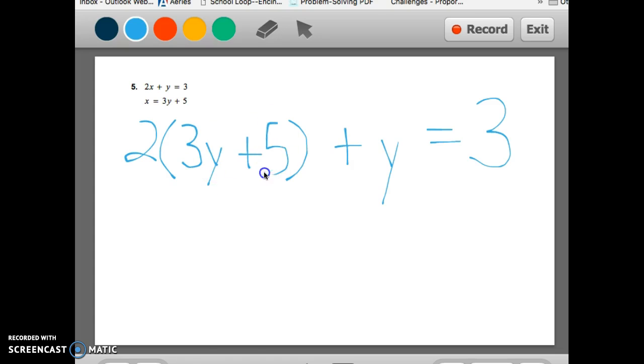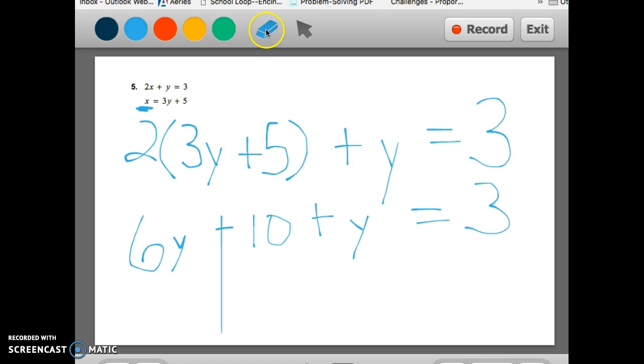So you can see last time we substituted in something for the y. This time we're substituting something in for the x. It's just because of what's given to us. In this case, they gave us x already isolated, so that's why we substituted in for that. We distribute the 2, we get 6y plus 10 plus y equals 3.